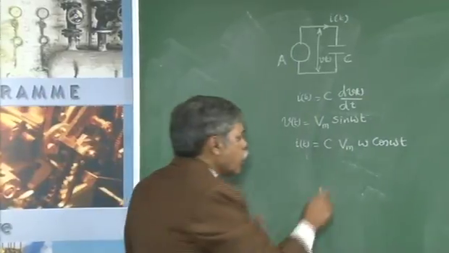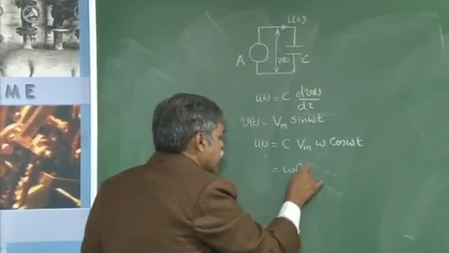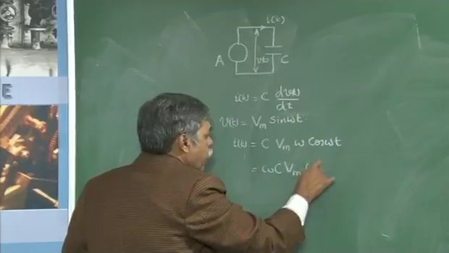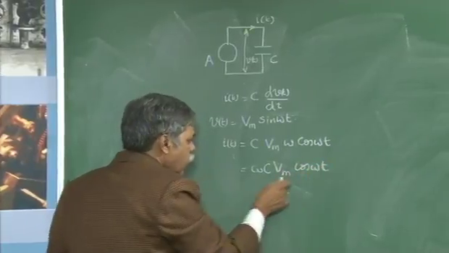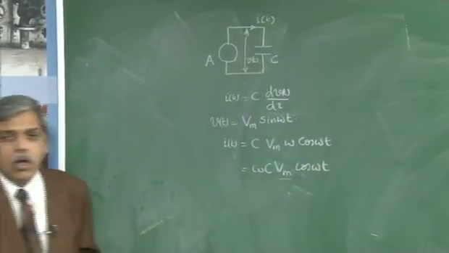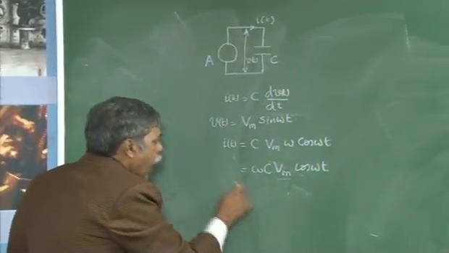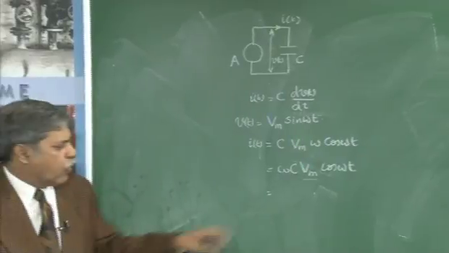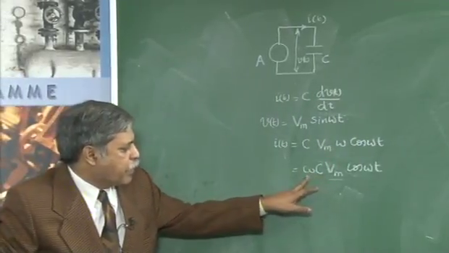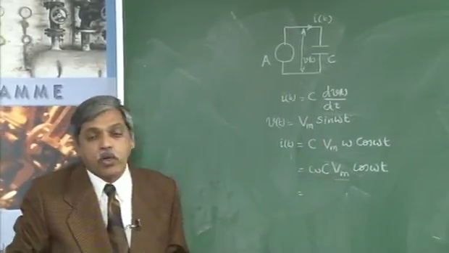Or we can also write it as omega C Vm cos omega t. Here Vm is the voltage. Therefore, in the expression for current we have a product of some parameter omega C multiplied by voltage.